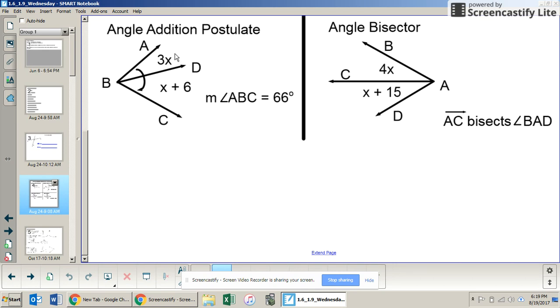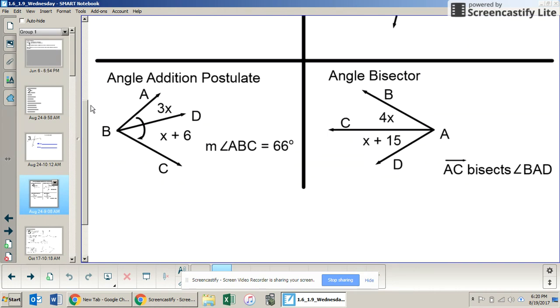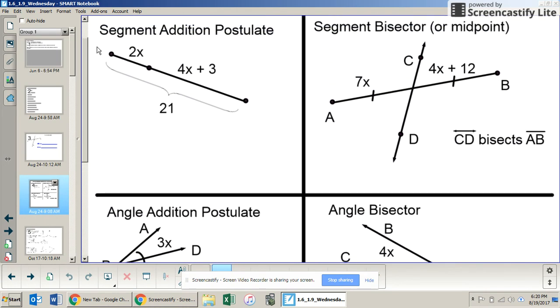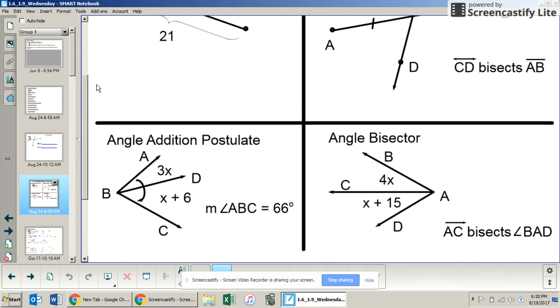So we'd have 3x plus x plus 6 equaling 66. Whereas on the right side here, we would just simply set 4x equal to x plus 15 since the ray AC is a bisector of angle BAD. So when you're looking at problems like this, look to see, are you using segment or angle addition postulate, or do we have a bisector?